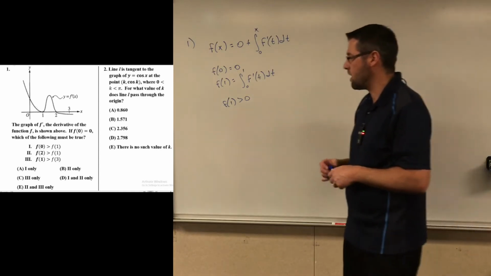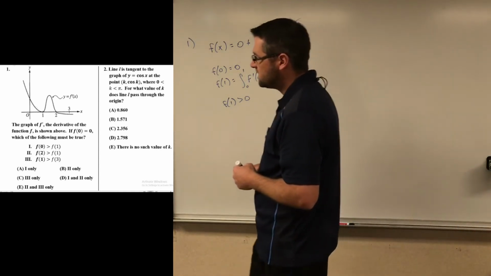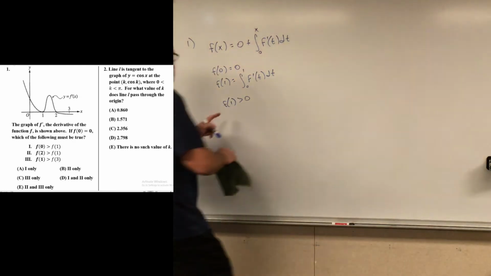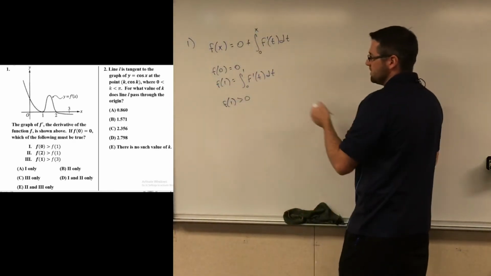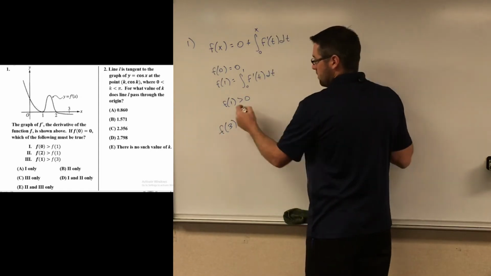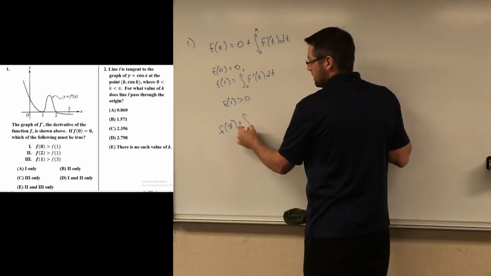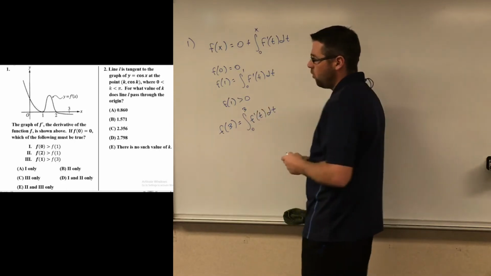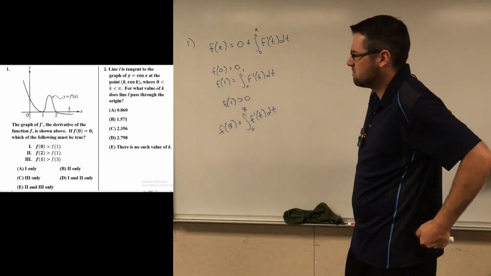The problem I think we ran into was the third one. Is f of 1 greater than f of 3? Well, let's look at it this way. We know f of 1 is greater than 0 based on this. Let's find f of 3. What's f of 3? The integral from 0 to 3 of f prime of t dt. So what is the integral from 0 to 3?